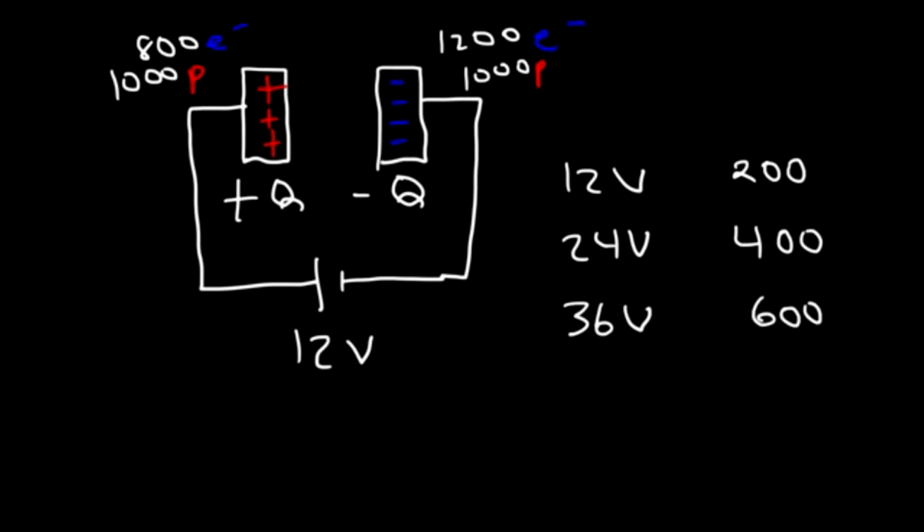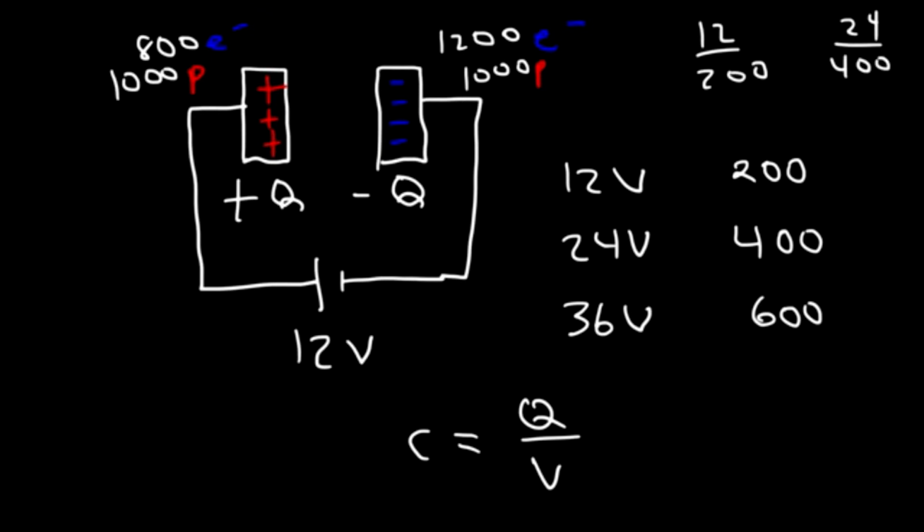The capacitance is basically the ratio between how much charge we can store divided by the voltage level at that point. So if you were to divide 12 by 200, it's going to be equal to 12 over 400. You're going to get the same value. And that value, actually I did it the other way around.